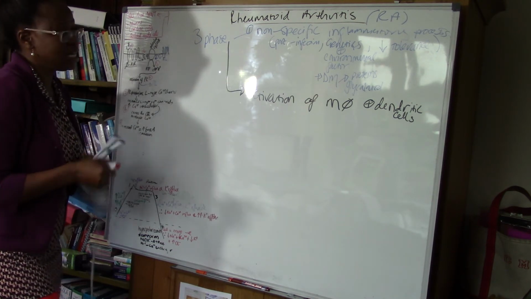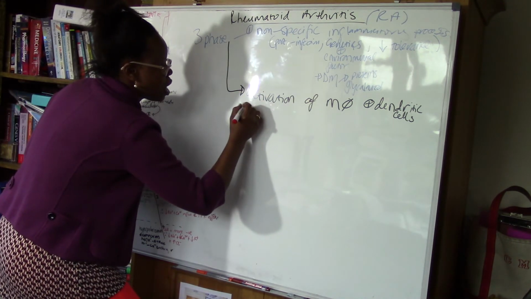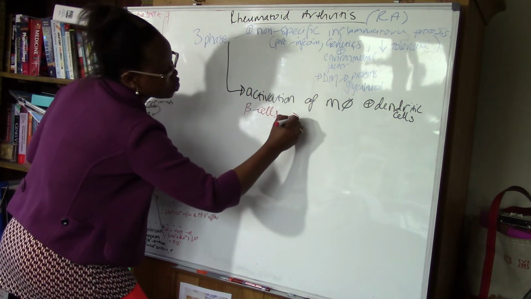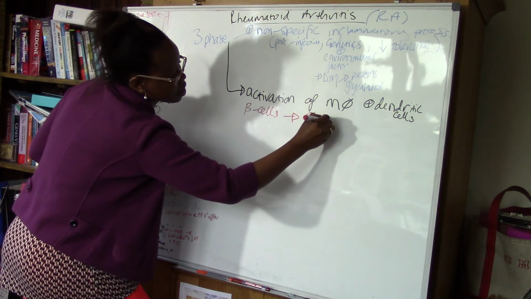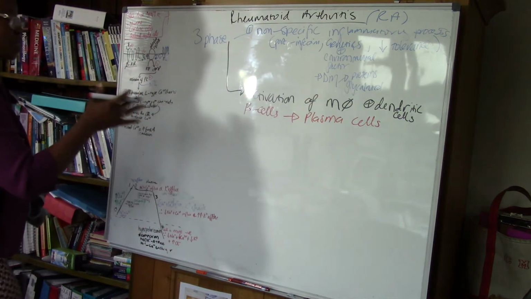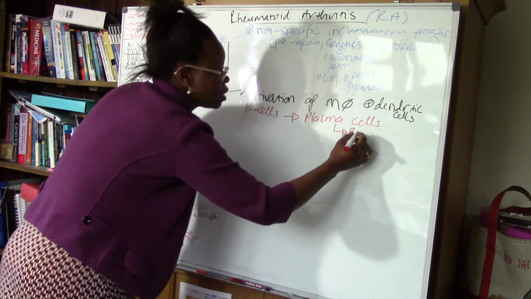What it does is it primes B cells to differentiate into plasma cells. And the plasma cells will then secrete rheumatoid factors.